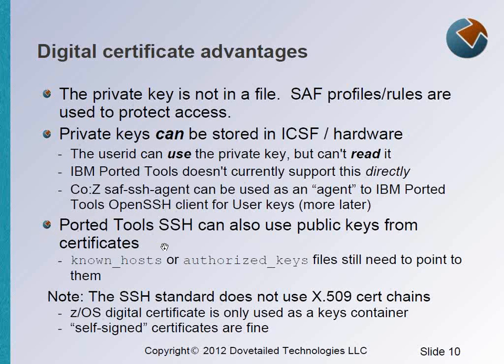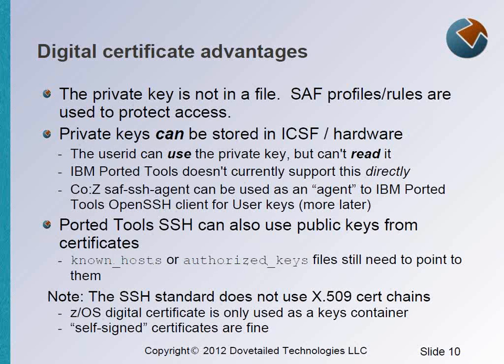I'll mention this. Ported Tools OpenSSH can also use public keys, just the public key side. It can put the public key in a certificate. So the way this works is in your known hosts file or in your authorized keys file, instead of having the public key, you can have this level of indirection.